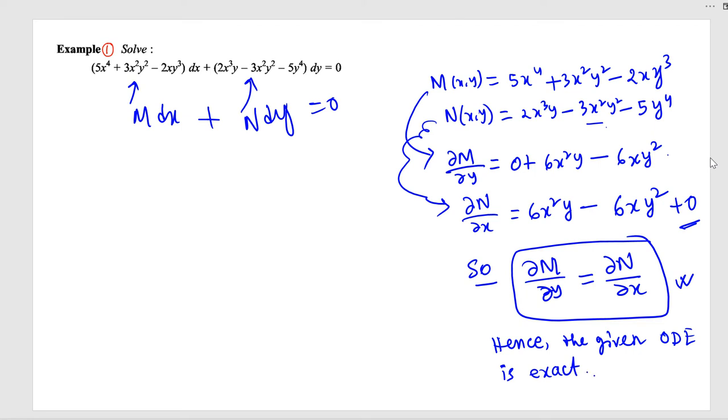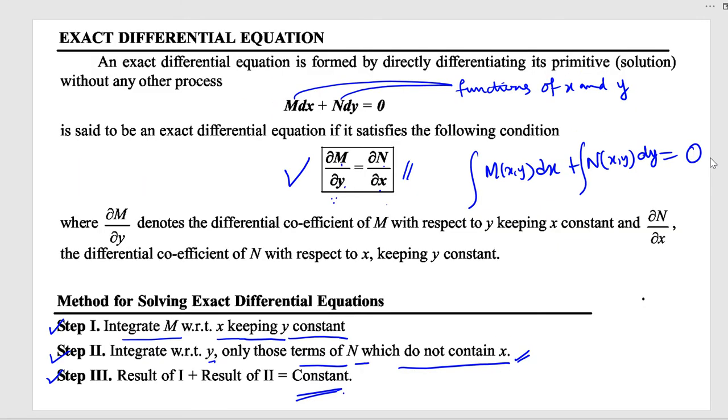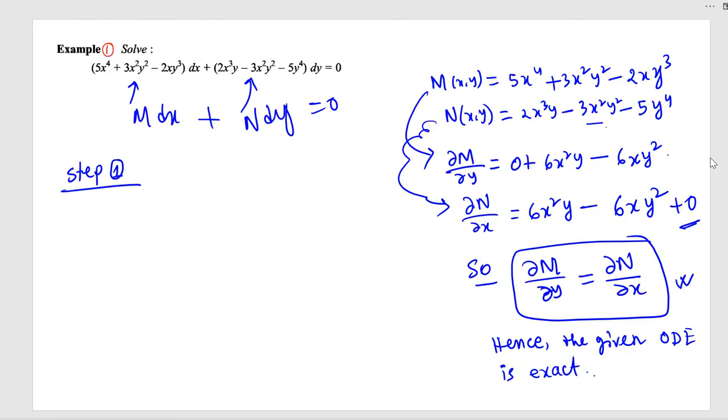For the exact equation, recall step 1 is integrate M with respect to x keeping y as a constant.